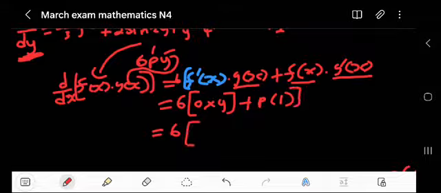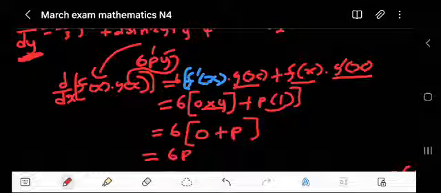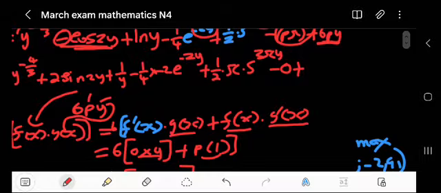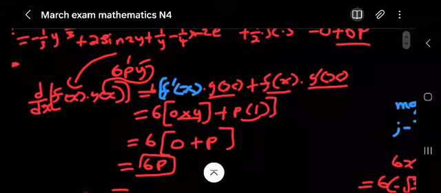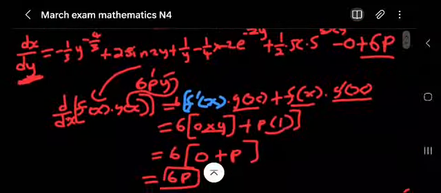This will be 0 plus pi, so this will be 6 pi actually. You have applied the product rule. Are you good to go? We are done with that.